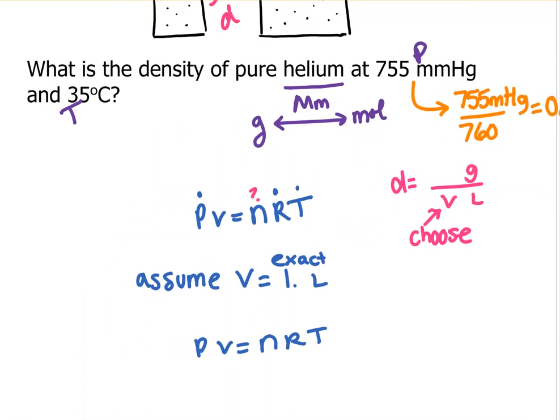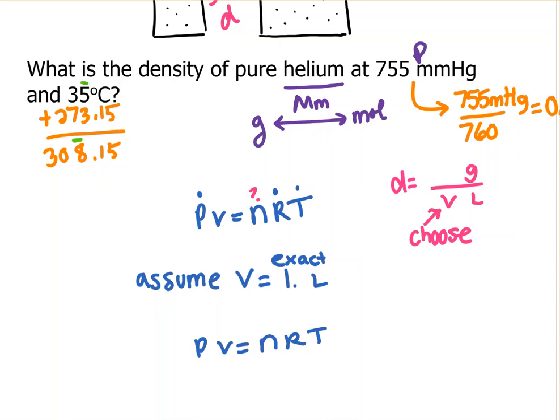While I'm at it, it looks like for my temperature, I need to add 273.15. And really, sig fig wise, this ends here because we're looking at how far they go to the right.